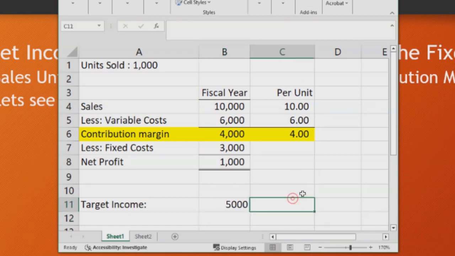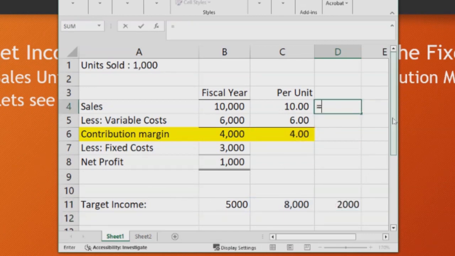So, based on what we said, we'll take our fixed costs, we'll add that target income, and that's the desired amount that we need the contribution margin to cover. So we'll divide that total by our contribution margin per unit price, and we need 2,000 units.